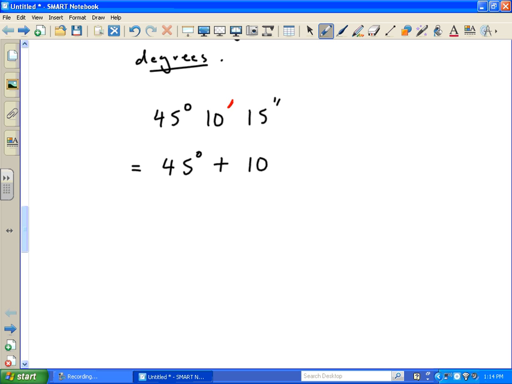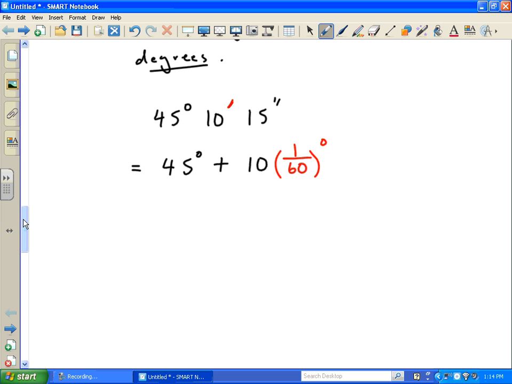I need the minute symbol to change to a degree symbol. So in 1 minute, how many degrees are in that 1 minute? Well, minutes are smaller than degrees, and so it's a fraction of a degree, 1/60th of a degree.